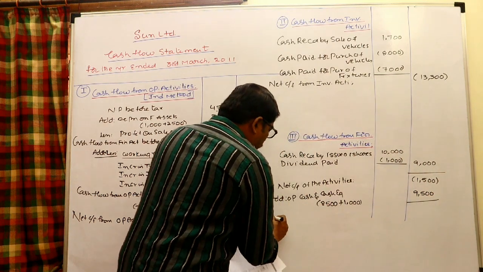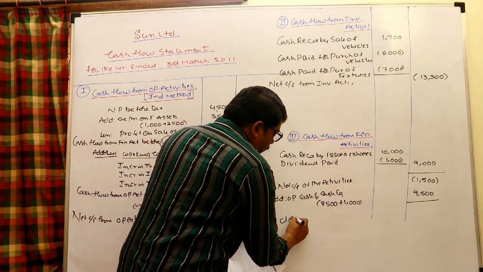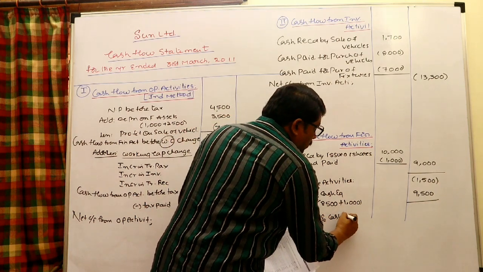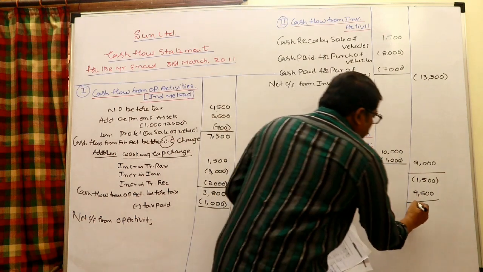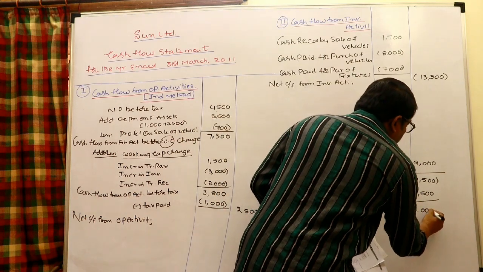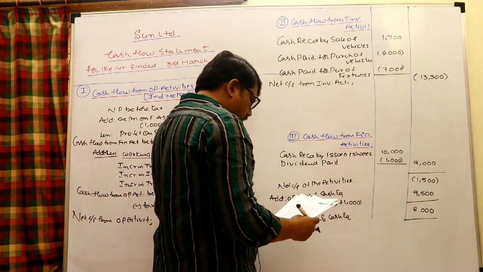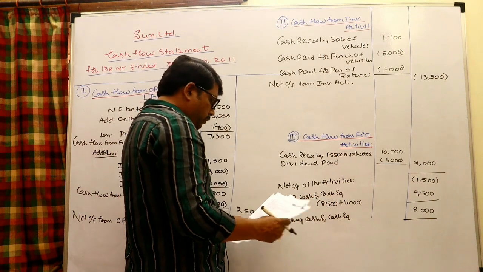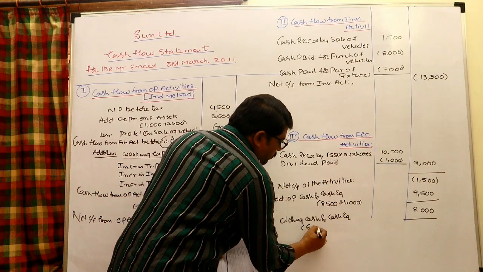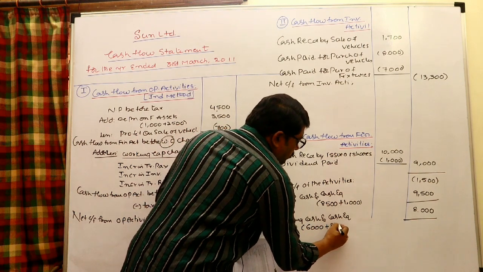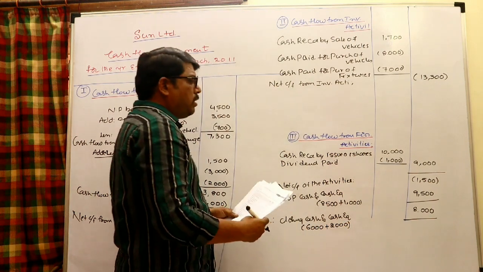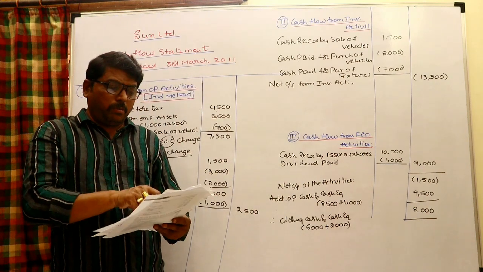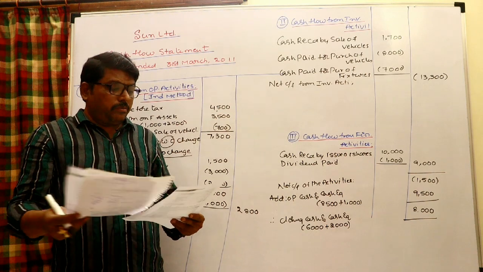The result is closing cash and cash equivalents. It is 8,000. Let us check it. Closing cash and cash equivalents: 6,000 plus 2,000. This is 8,000.